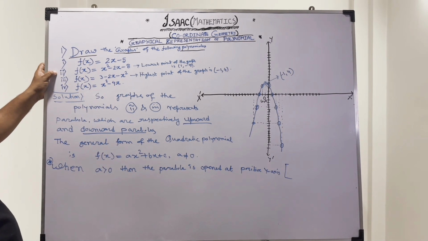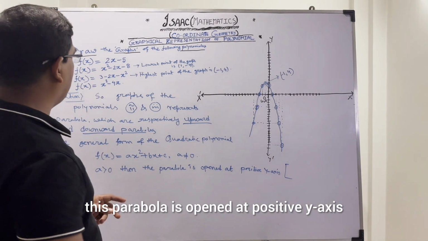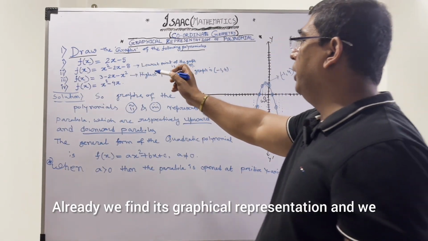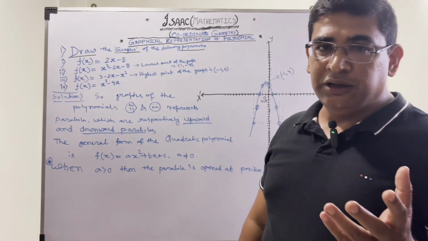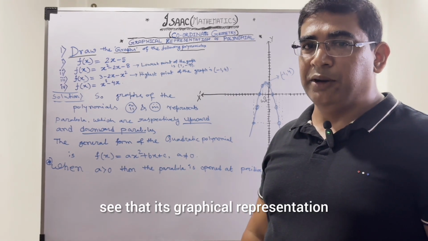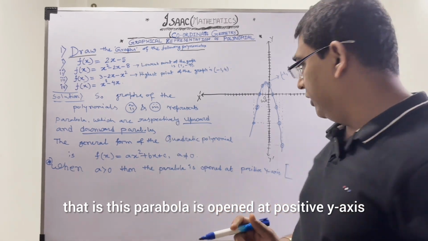That is why this parabola is opened at positive y-axis. Already we find its graphical representation, and we see that this parabola is opened at positive y-axis. Okay.